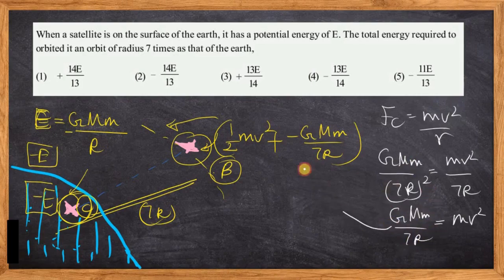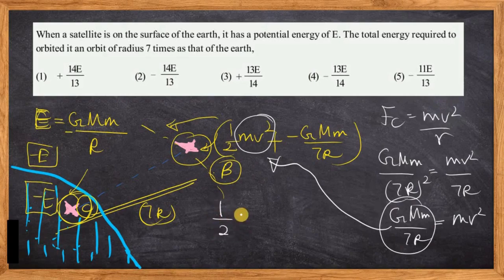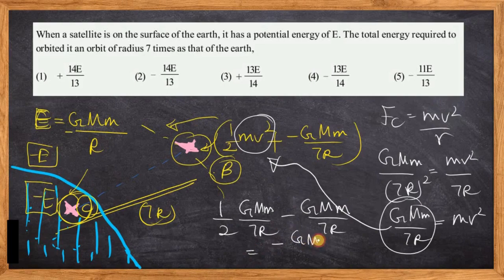So I can apply that here. For half mv squared, I am going to apply this one. So what I can write here is half GMm over 7r minus GMm over 7r. With this simplification, I am getting minus GMm over 7r, right here.